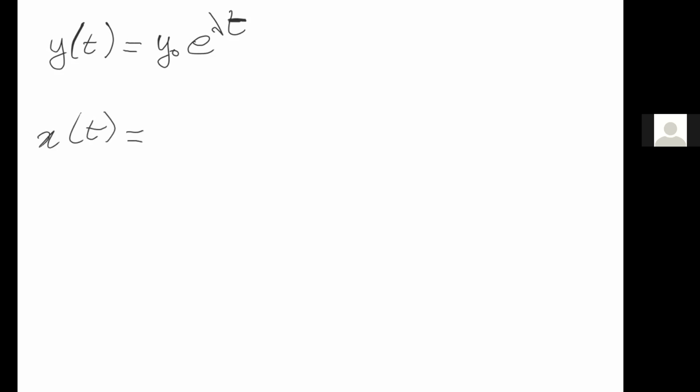So what do I have? Let's write it again. So I obtain y of t equals y0 exponential lambda t, and x of t equals exponential lambda t x0 plus t exponential lambda t y0.